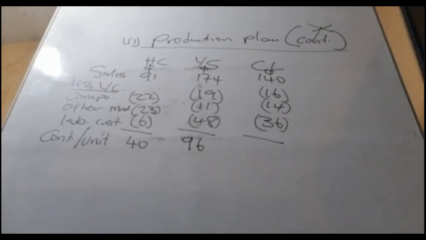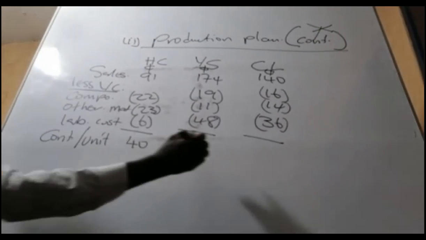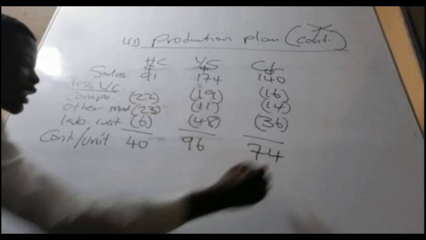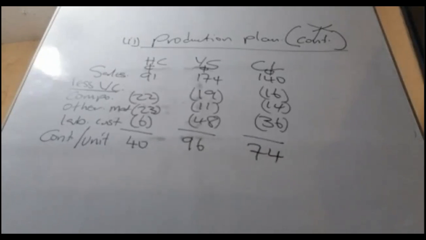And the last one will be 140 less 30 less 36. Good, then we have 74. So this is the contribution per unit.